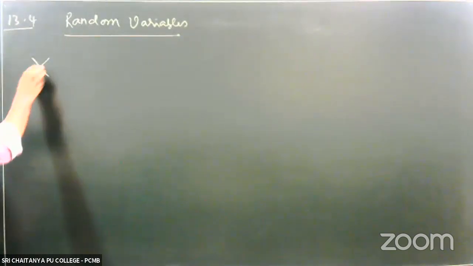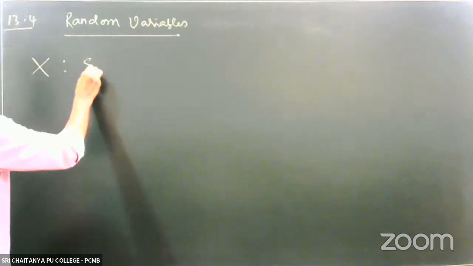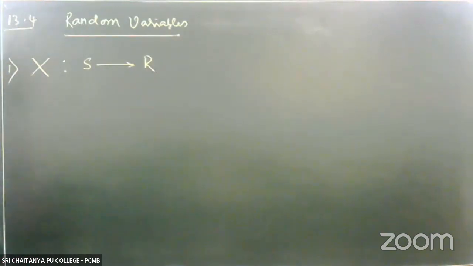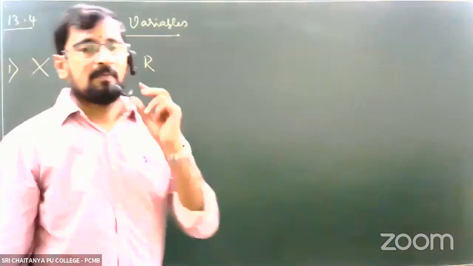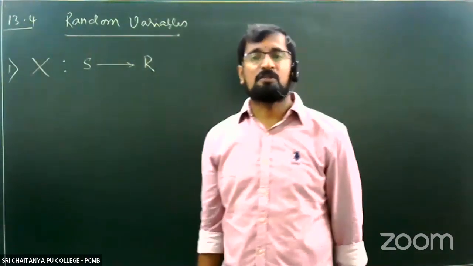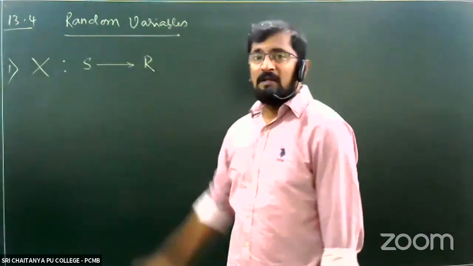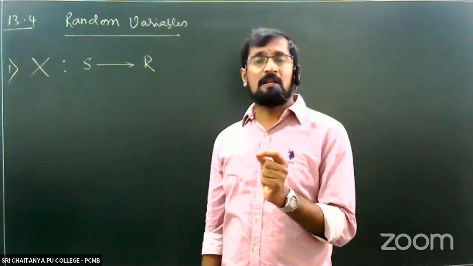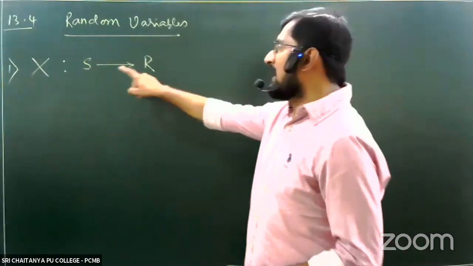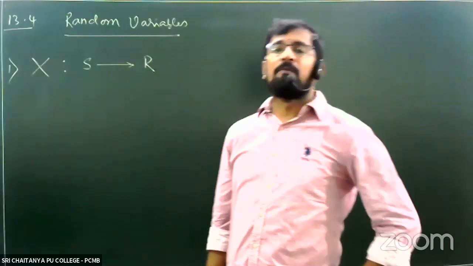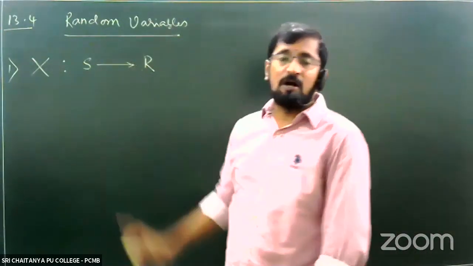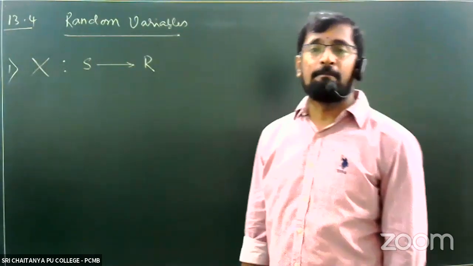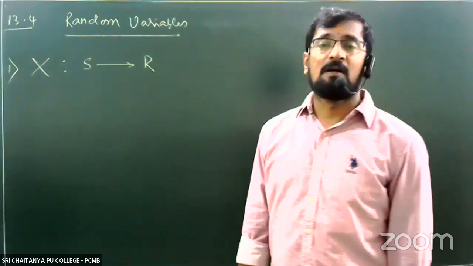A random variable is a function which maps from S to R. X is said to be a random variable which maps from S to R, where S is the sample space and R is called the real numbers. Repeating, a random variable is a function which maps from S to R, where S is the sample space in the random experiment and R is said to be the real numbers.